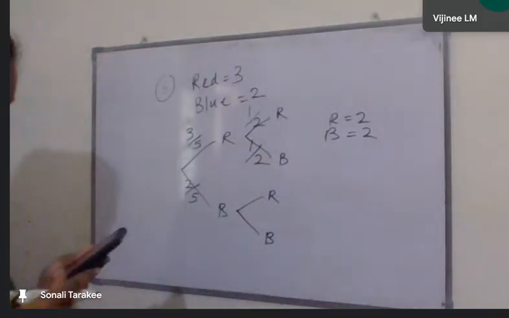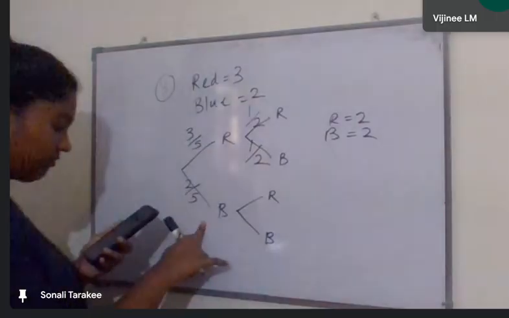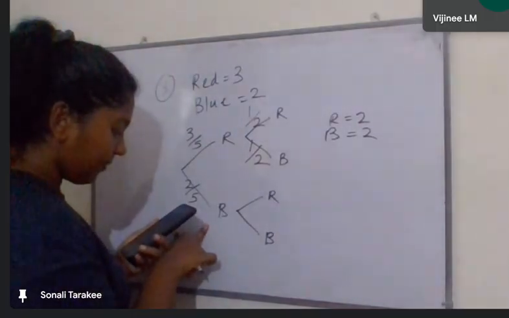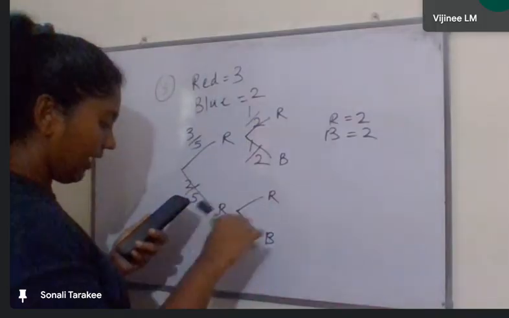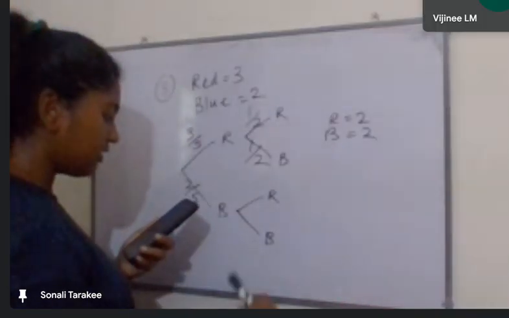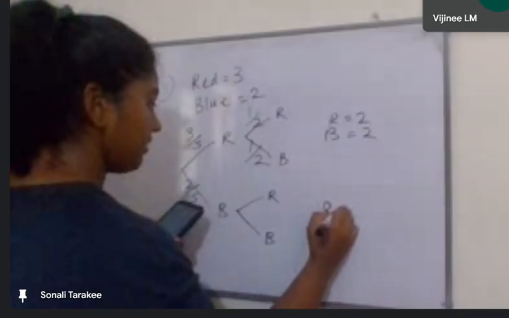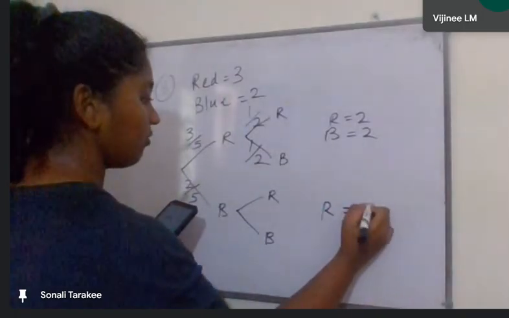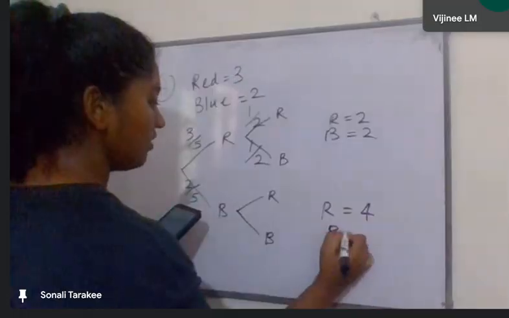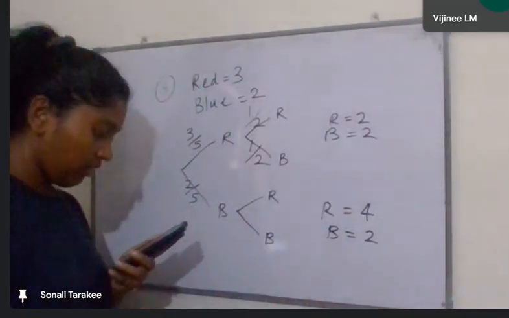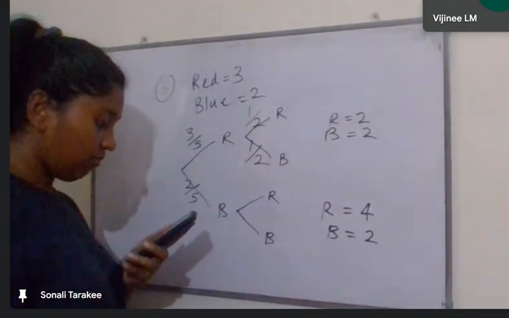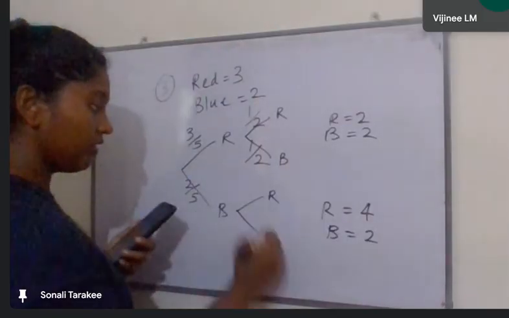Okay. And the next one, if the ball is blue, this side, then it is put back in the urn and a red ball is added to the urn. That means now number of red balls are 4, blue it's 2. Then the second ball is drawn at random from the urn.